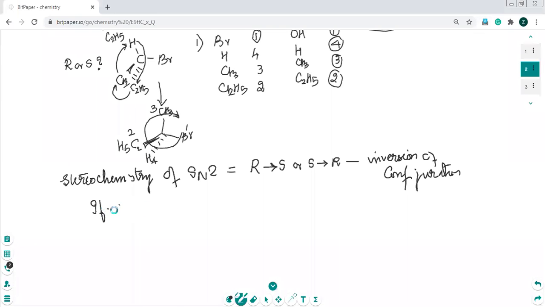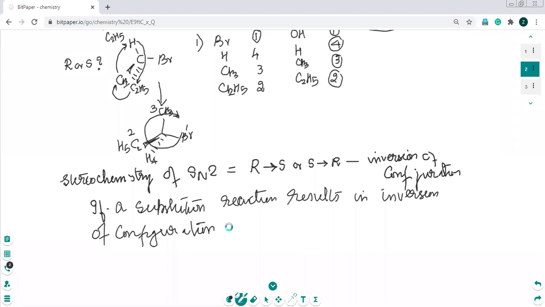If a substitution reaction results in inversion of configuration, it means that the mechanism is SN2.